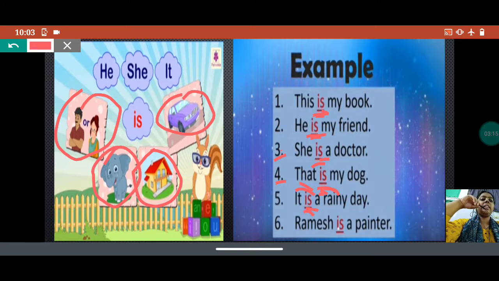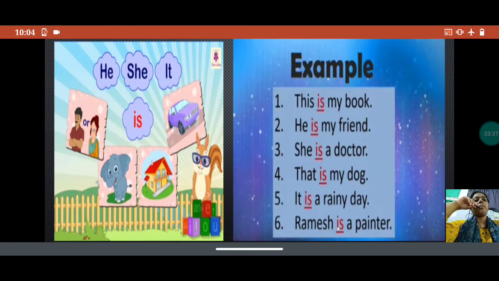We are talking about only one day, and what is the condition of the day today? It is a rainy day. Number 6, Ramesh is a painter. We are talking about only a singular male person. So Ramesh is a singular noun, so we will use is with it.